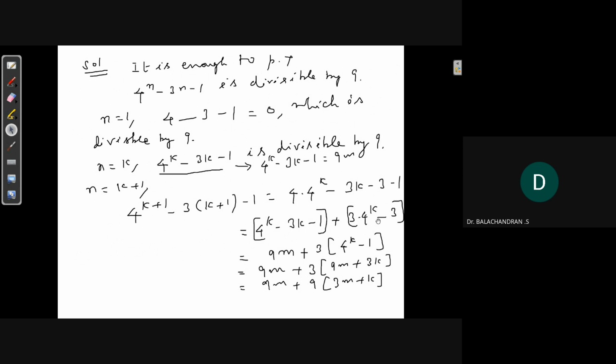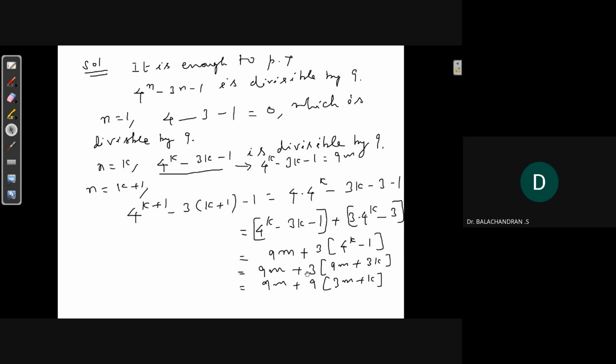It still leaves 3 into 4 power k, because we have 4 into 4 power k. I already used minus 3k, I used minus 1, and still we have minus 3. But by the principle of mathematical induction, this is equal to 9m plus 3 into, because 3 is common, 3 into 4 power k minus 1.